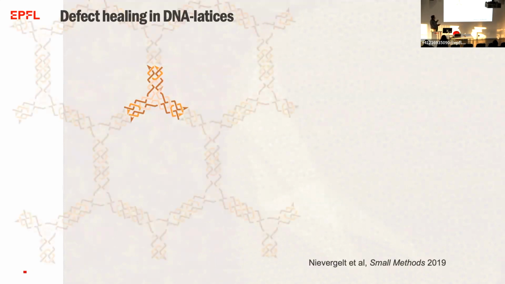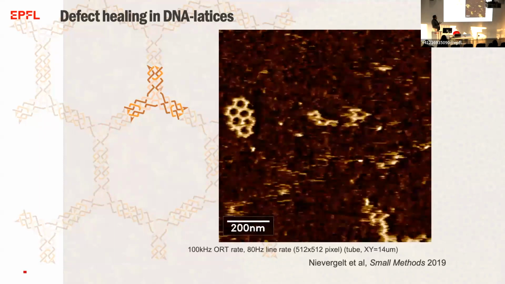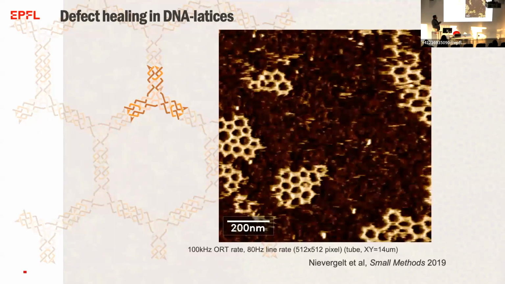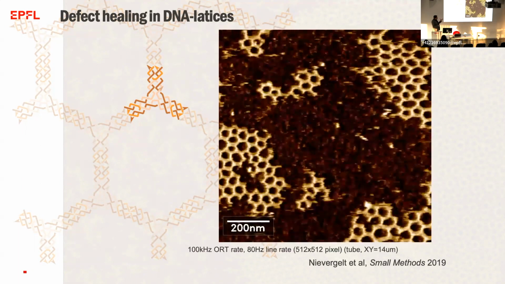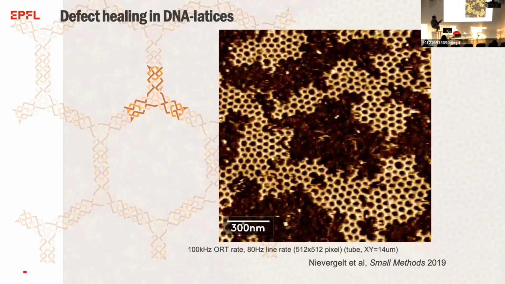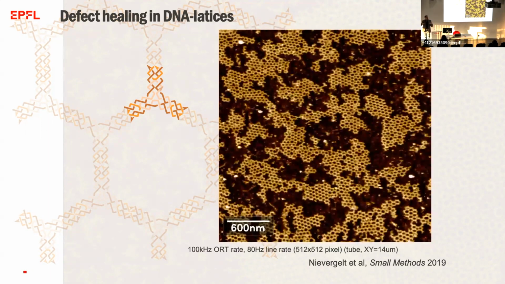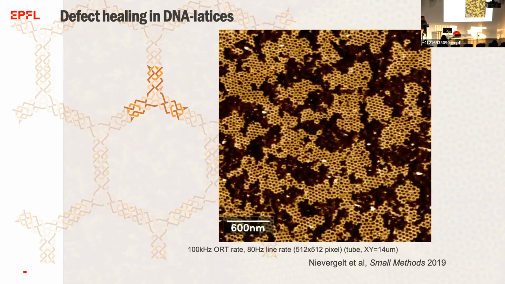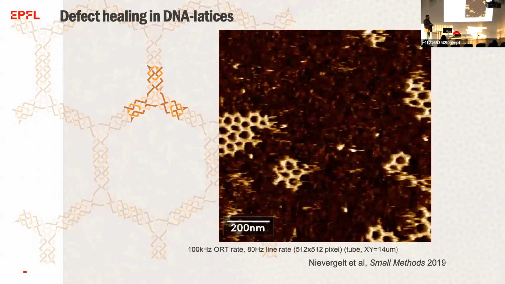What we did, we created this little DNA tripod, threw them all together, and they're supposed to form these hexagons. Now we're trying to understand what determines this reaction, what determines this growth. And we can now observe this in real time. We can actually extract from the imaging sequence reaction kinetics at the single molecule level.